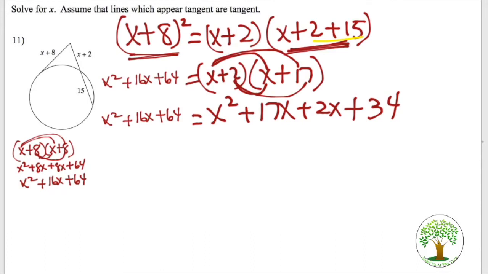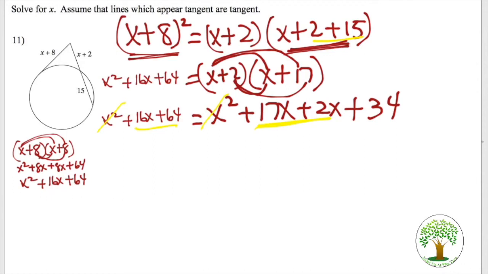Now, a little bit ago, I told you you're not going to have one of these problems on your homework, these quadratics, these x squareds. Now, you don't have a quadratic because I am going to subtract x squared from both sides, and those will go away. I will be left with 16x plus 64, and these two can simplify together to be 19x. So let's do that, and then we'll move things around.